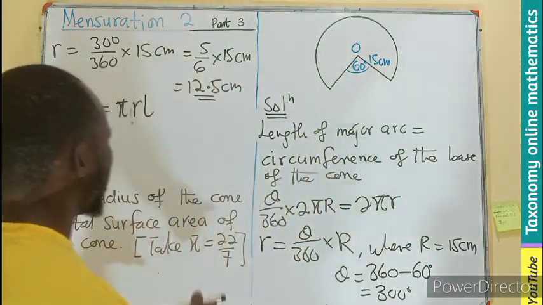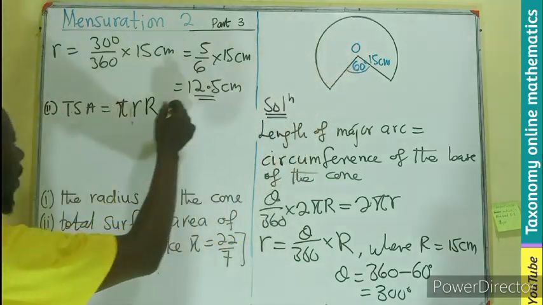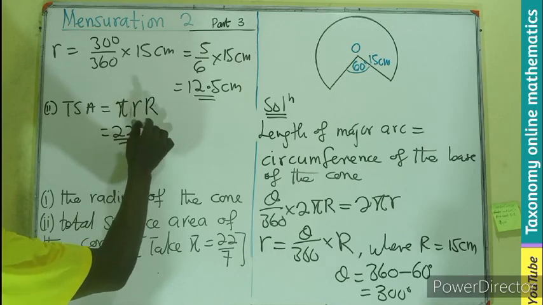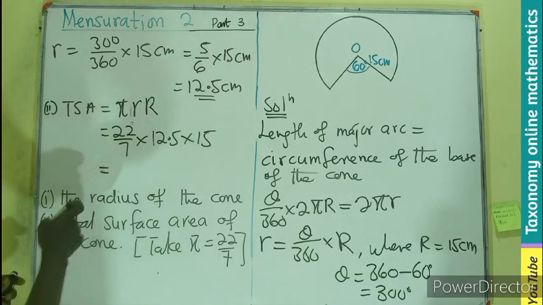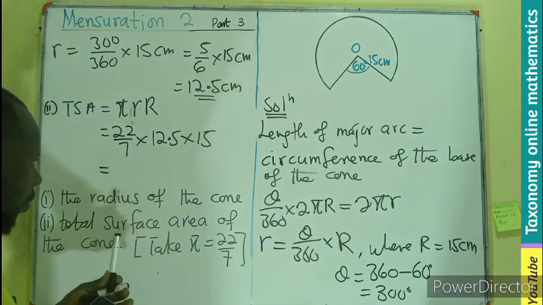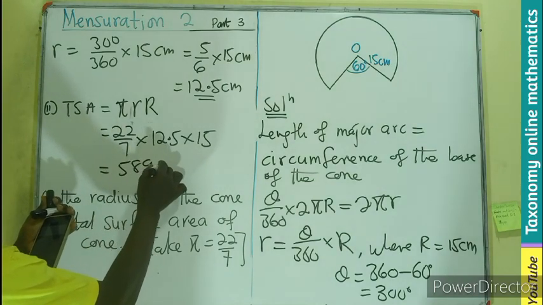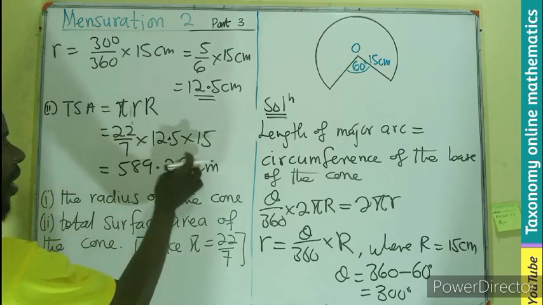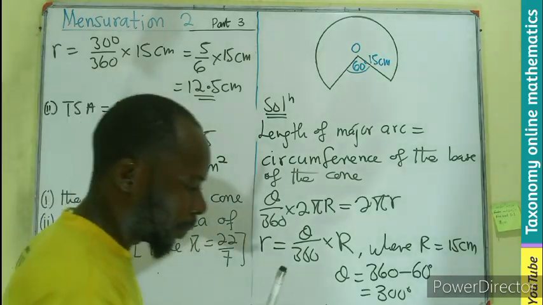So we are going to replace the slant height with the capital R of the sector, meaning 22 over 7 times 12.5 times 15. When you put that together, we are going to have 589.29 centimeters squared total surface area.